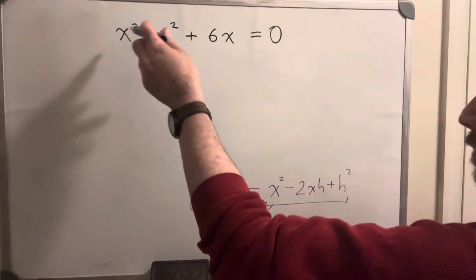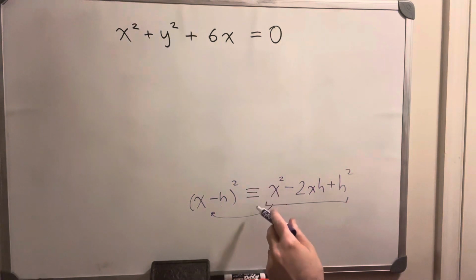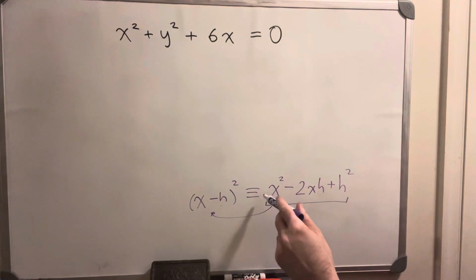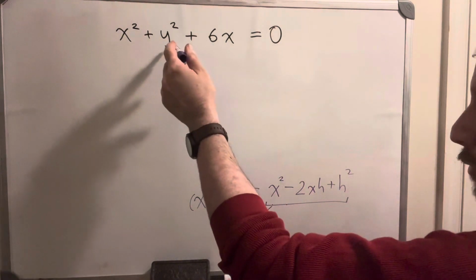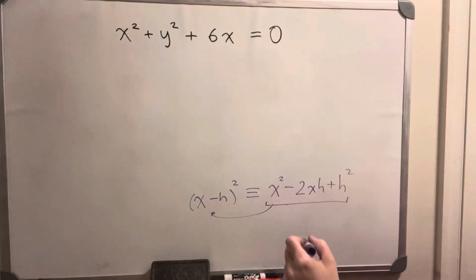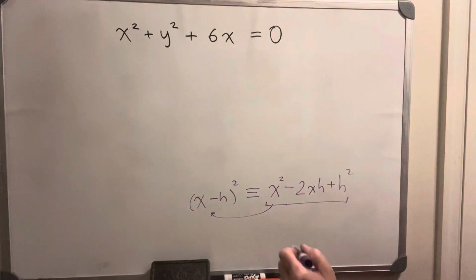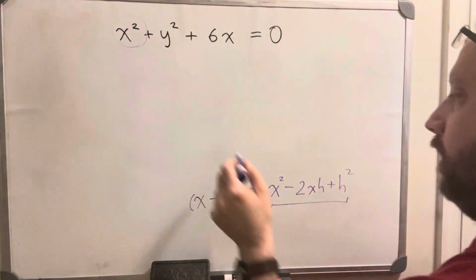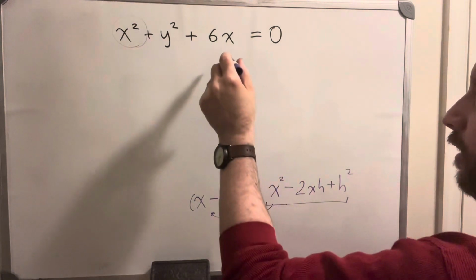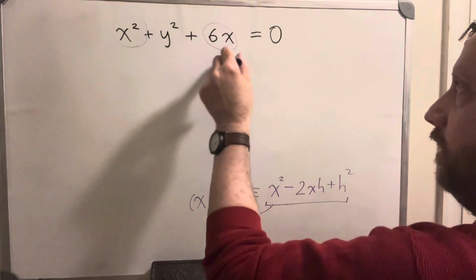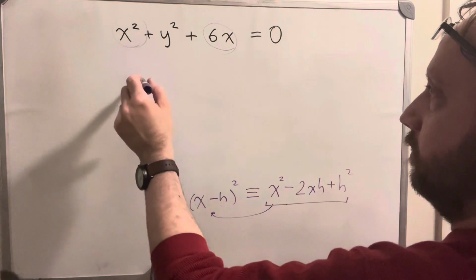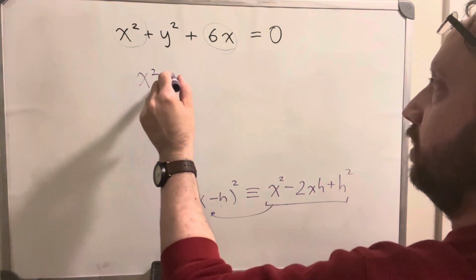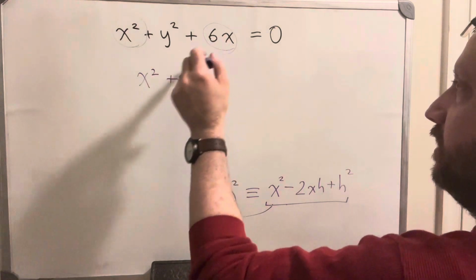Which pieces of these would you pull out to work with, given that we want to do something with this? Is it worthwhile to plug the y into any of this? No. We can use this. And now we can also use this. This is positive, right? And this is a positive 6x.